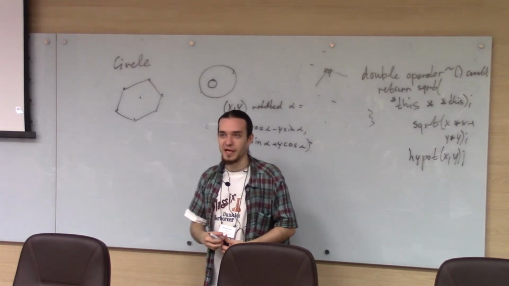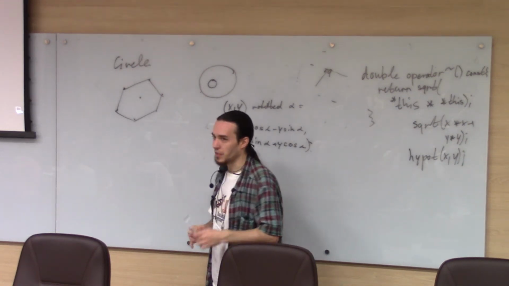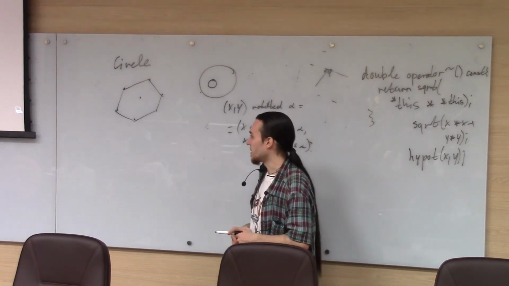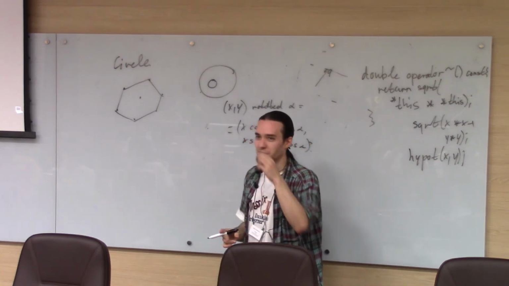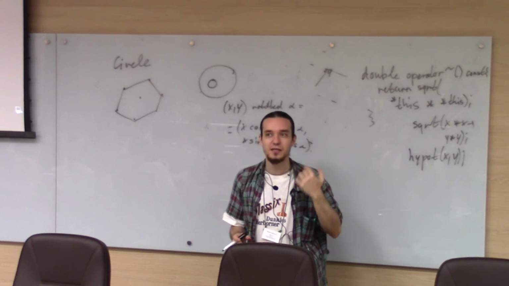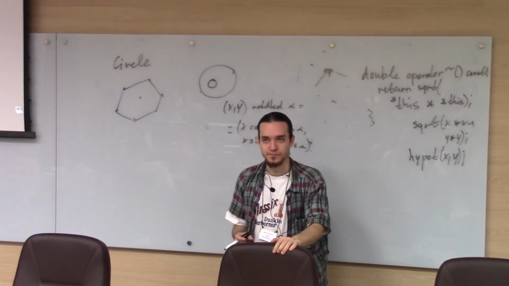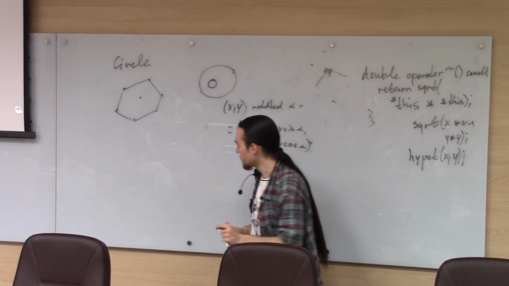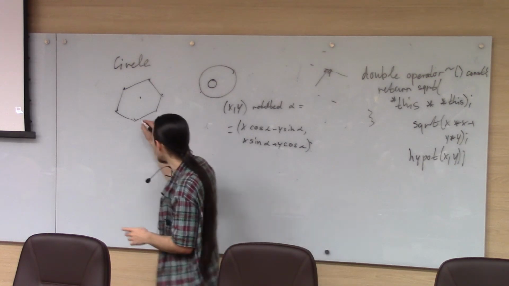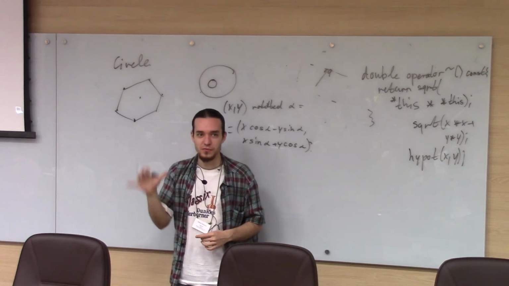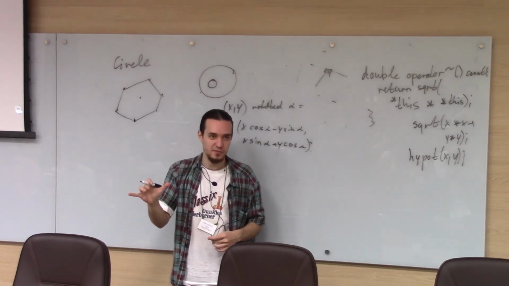Okay, so if we have these points, how do we construct the convex hull? What would be the most basic approach to constructing the convex hull? The most basic approach would be to try and figure out which pairs of points correspond to the actual sides of the convex hull.